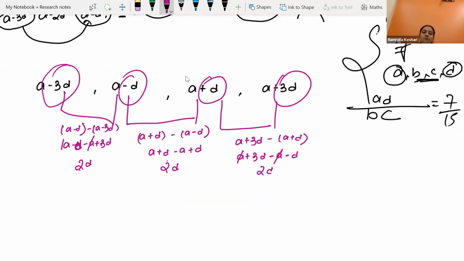Yes or no? Very easily we will be able to take out a value from here. If the sum is 32, then we can take out a, and it will be really simple, right?